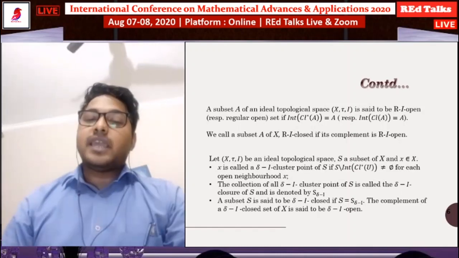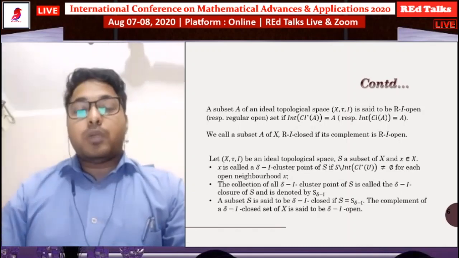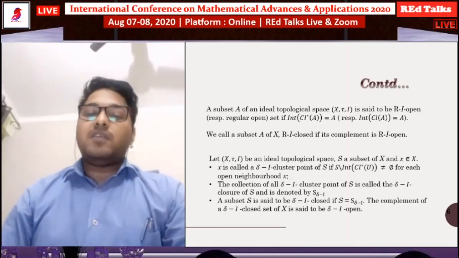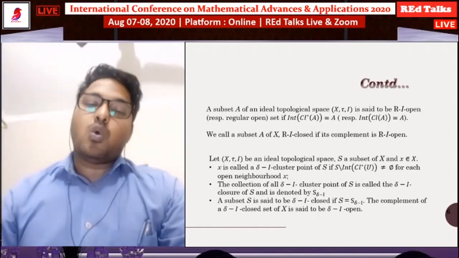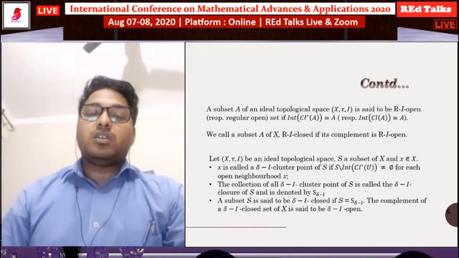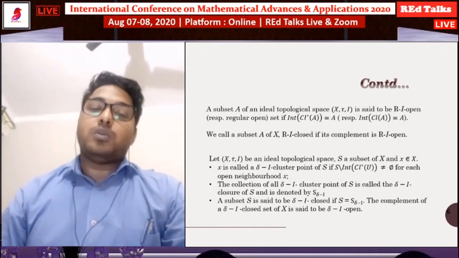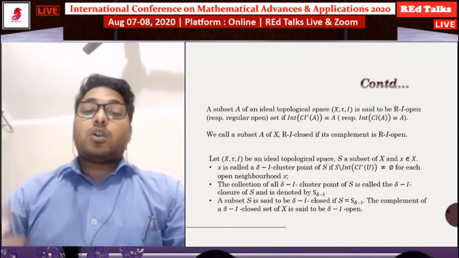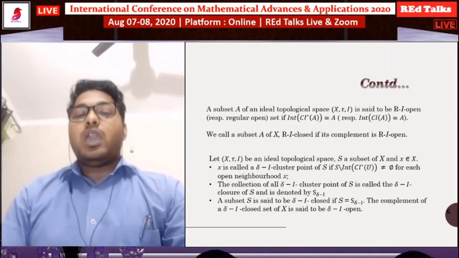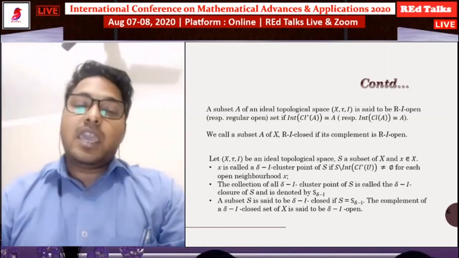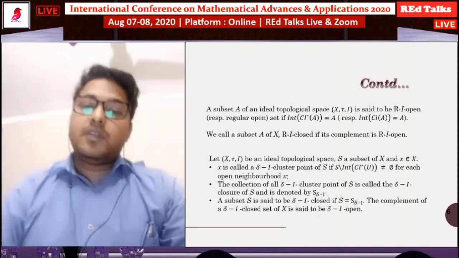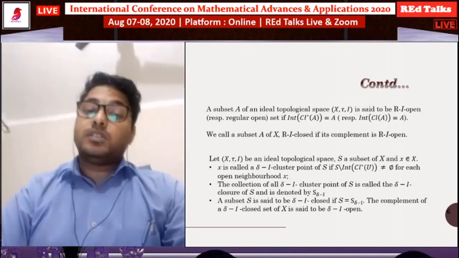We call a set A regular open if the interior of the closure of A is equal to A. In a similar fashion, we define regular I open. That is, if the interior of the closure star of A is equal to A, then we call that set A an RI open set. Now we will define delta I open sets.